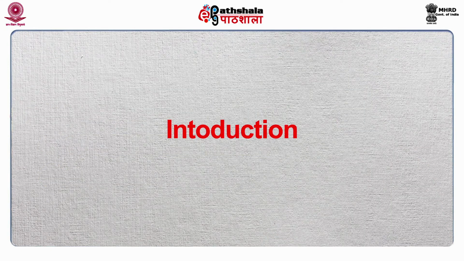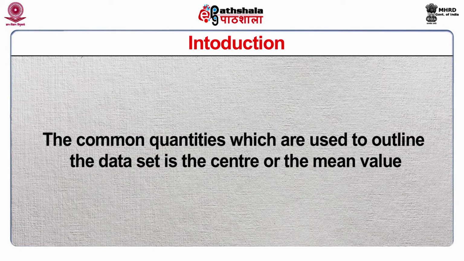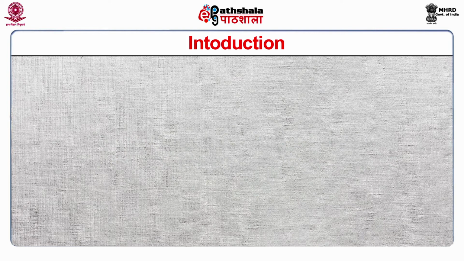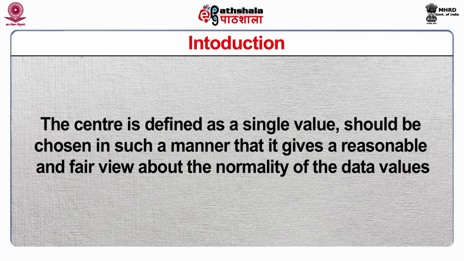Before beginning, I would like to give you a brief introduction about the topic. The common quantities which are used to outline the data set is the center or the mean value. The center is defined as a single value, should be chosen in such a manner that it gives a reasonable and fair view about the normality of the data values.